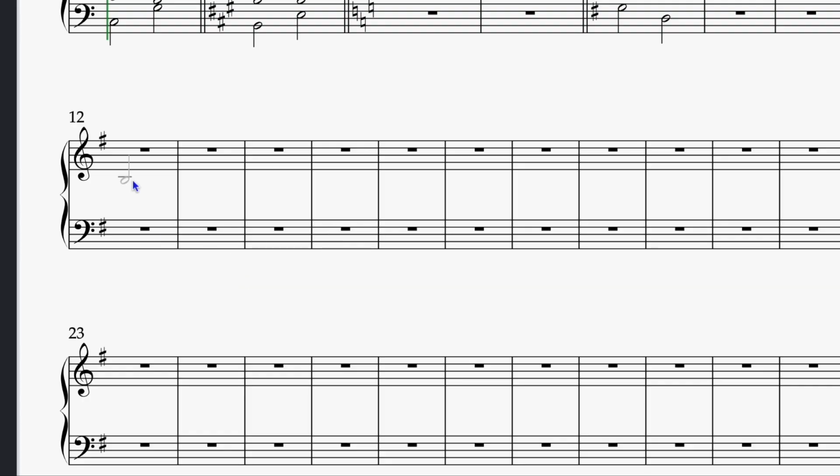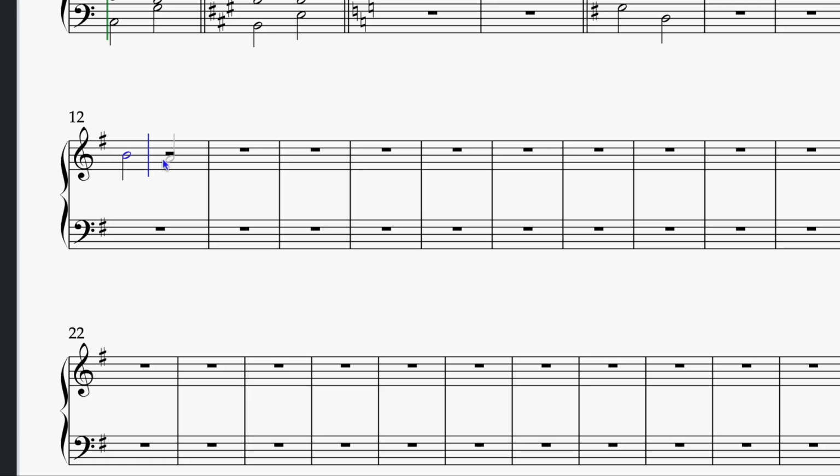So let's say we're completing a 4-part harmony. And I'm trying to think of a tricky question here. I'll stay in G major because I'm already in G major. So let's see. There we go. There's our melody.